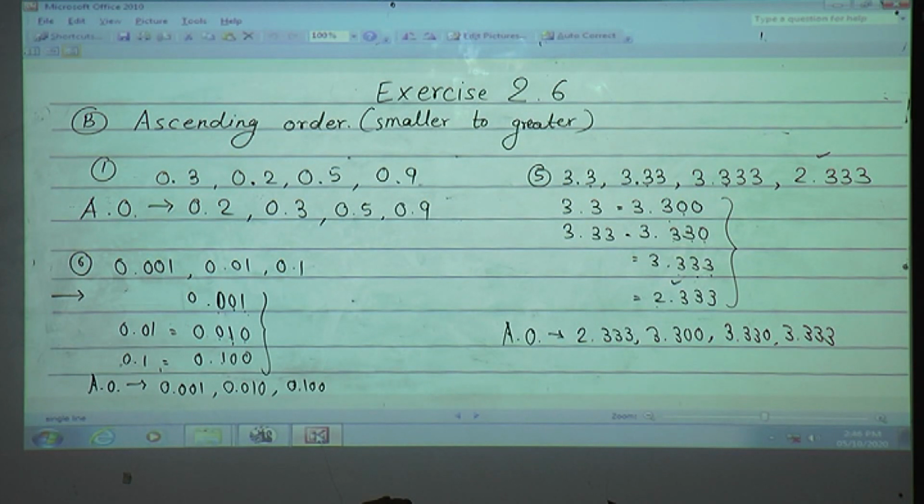Now we will solve C question. What is the C question? Arrange in descending order.